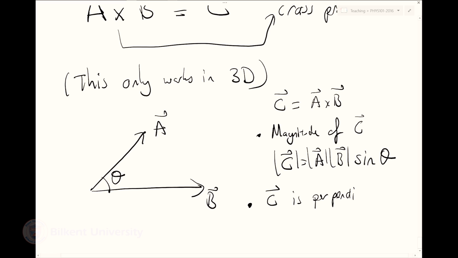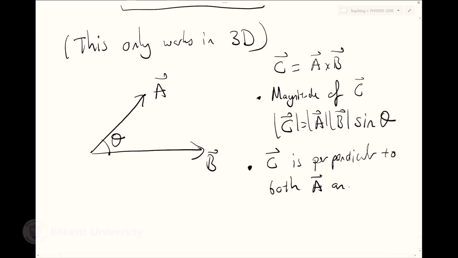C is perpendicular to both A and B. This is somewhat interesting. How can I be perpendicular to both A and B?